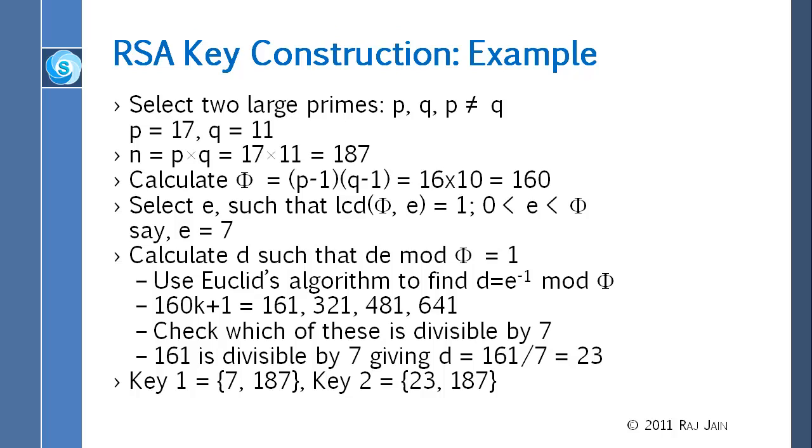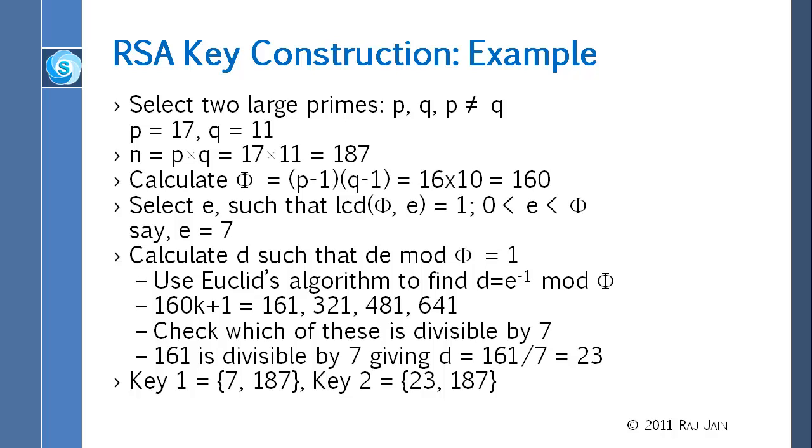Then we want to find D such that D times E mod phi is 1. So what do we multiply by 7 so that we get a 1? Now to get this, again you need to do the table. If phi is a small number, then you don't need the table. Here I would use the table, as shown in this example, where we wrote down all the multiples of 160 plus 1.